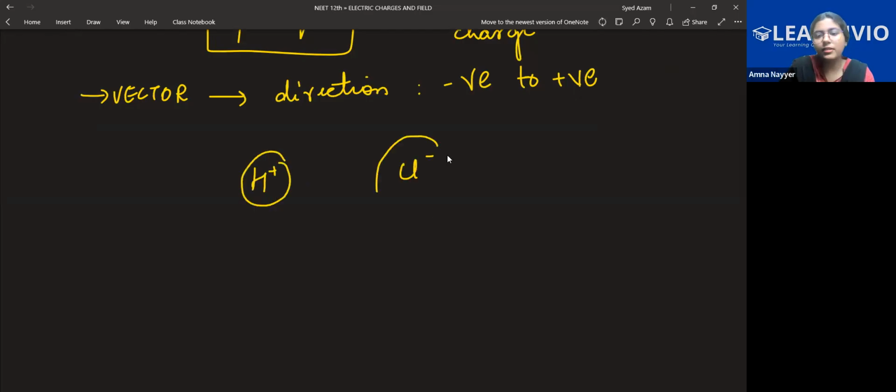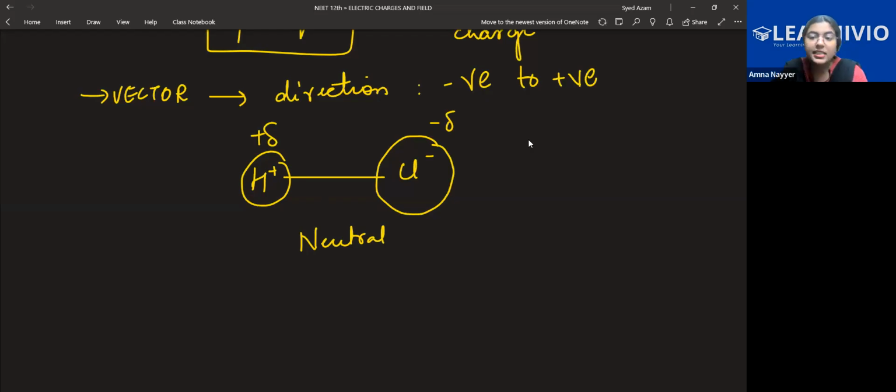So chloride is bigger than hydrogen in size. So when you're calculating the net dipole moment here, from the negative charge to the positive charge, as we've studied, the net in such a case, when you have equal magnitude also, this will be neutral because there will be one direction. Let's say this is having charge plus delta, this is having charge minus delta. So that will cancel off.